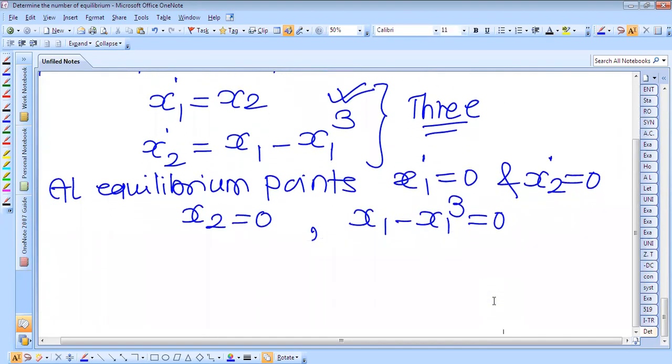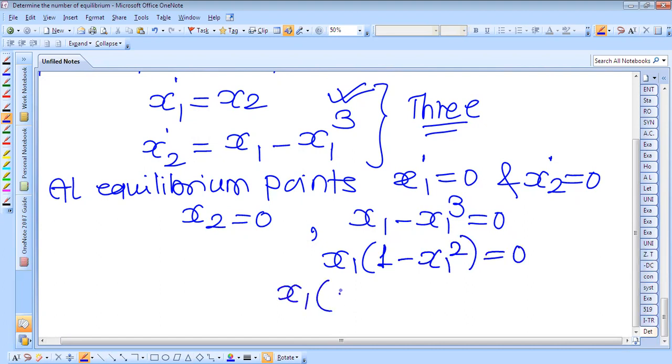Therefore, if you take x1 common, we get x1 into 1 minus x1 square equal to 0. So x1 into (1 plus x1) into (1 minus x1) is equal to 0.